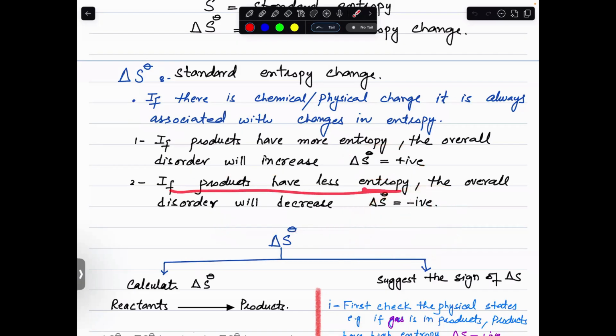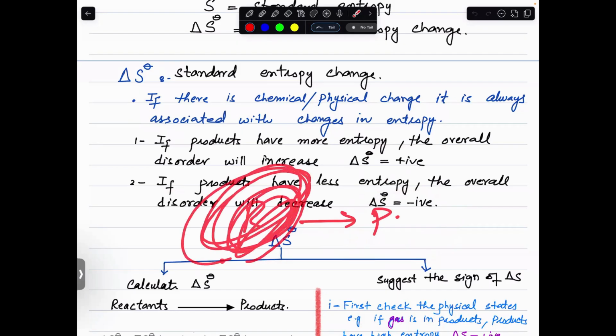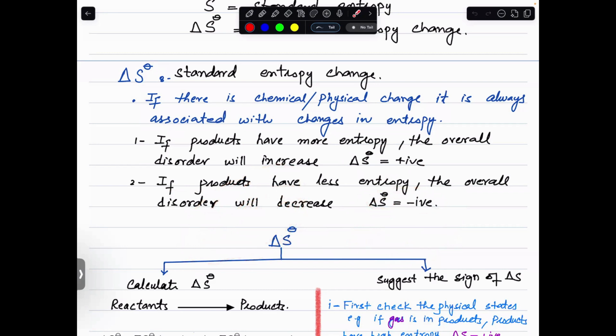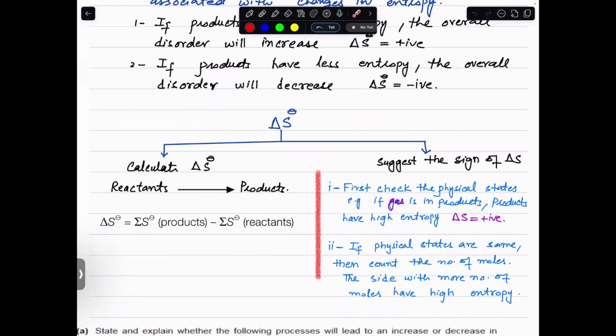But if the product has less entropy and the reactant has more chaos, the entropy decreases. So you know what is the formula to calculate delta S? Sum of the entropies of the products minus reactants.